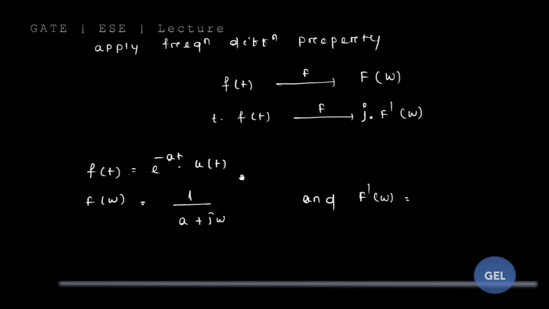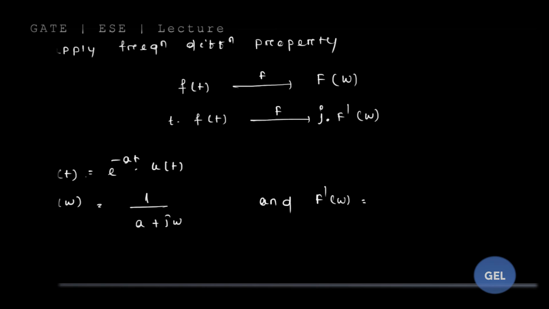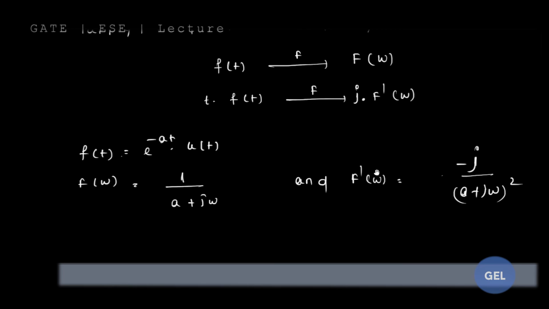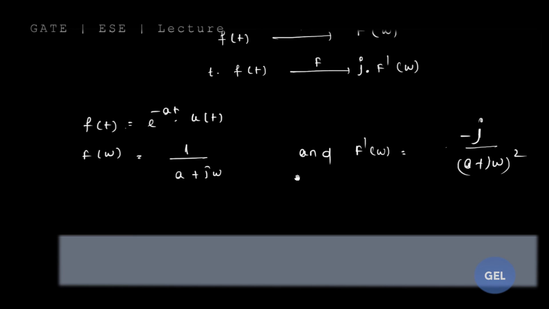Now if you apply the frequency differentiation property, then F dash(omega) will be given as, I think, minus 1 by (a plus j omega) whole square. Okay, now this will be your F dash(omega). Now what will be the answer for t into e to the power minus at u(t)?